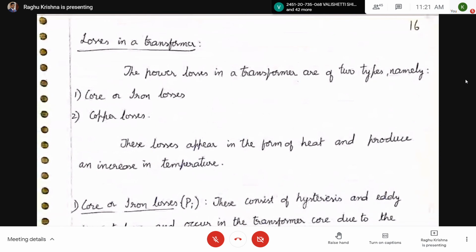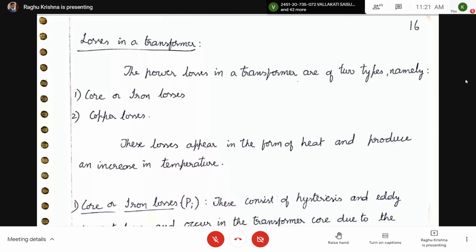Now coming to losses in a transformer. What are the losses in a transformer? How to reduce these losses? I already explained this, but once again I am going to cover it. Losses means power losses in the form of heat.